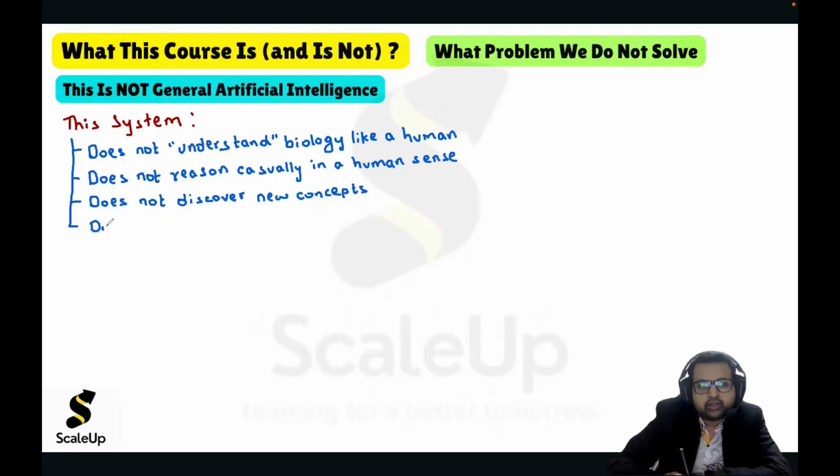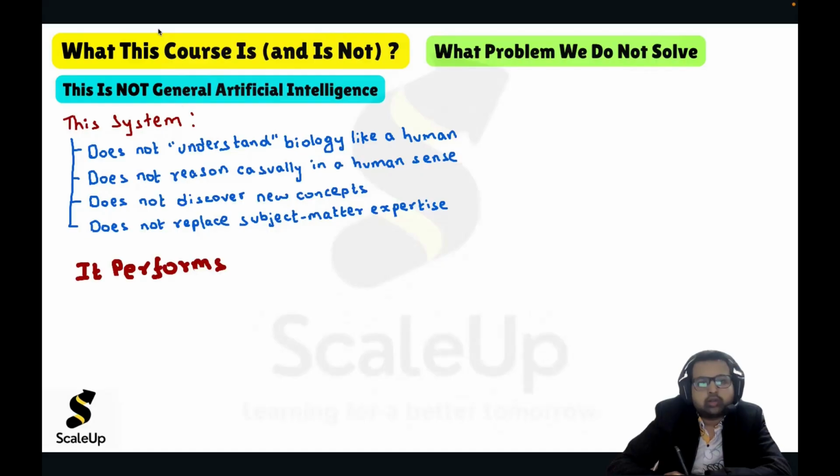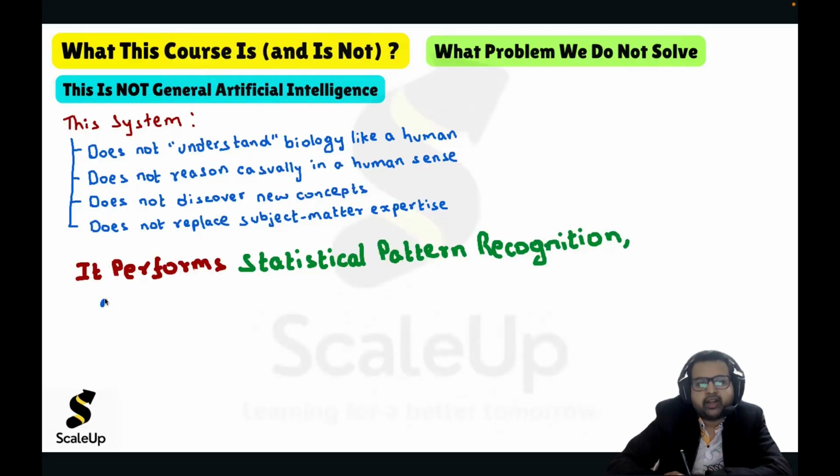And it does not replace subject matter expertise. So the system which we will be making performs statistical pattern recognition guided by labeled examples.